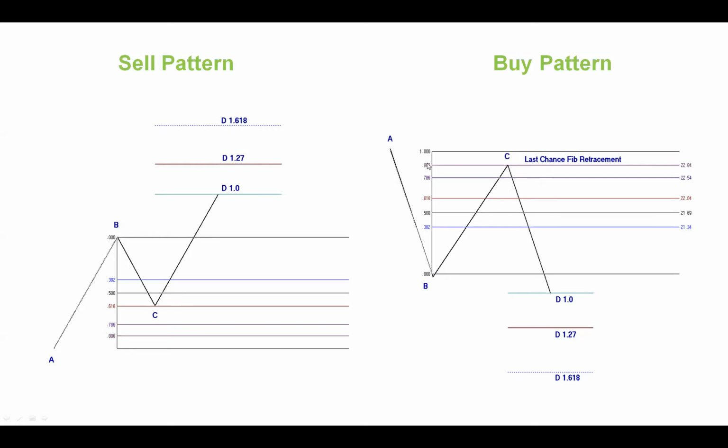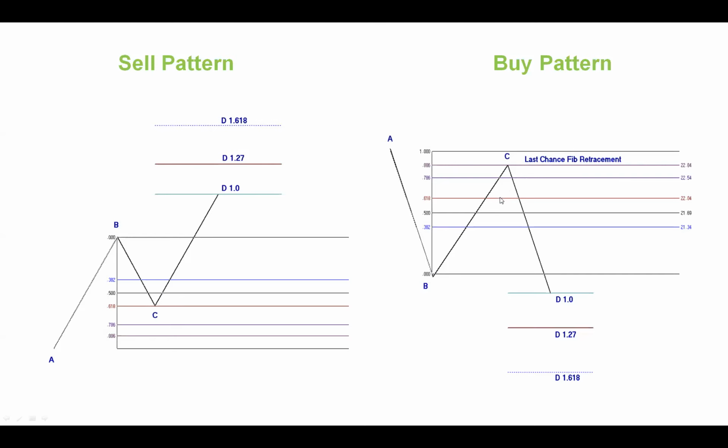Now this ratio here, the 0.886 ratio, this is the square root of the 0.786, which is a pretty commonly used fib ratio for most people that use fibs. But the 886 is what I call the last chance fib retracement.